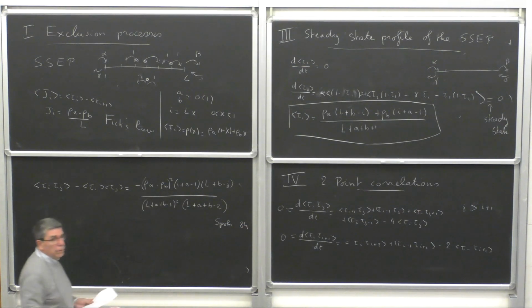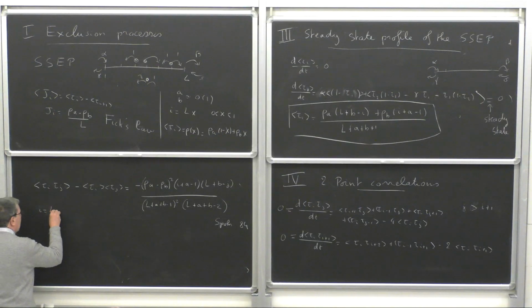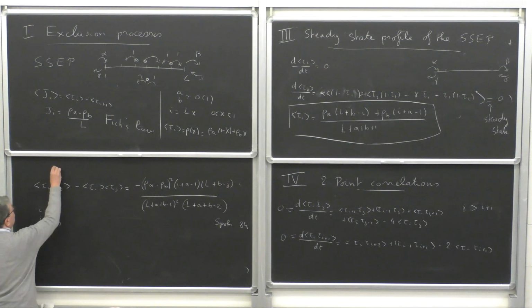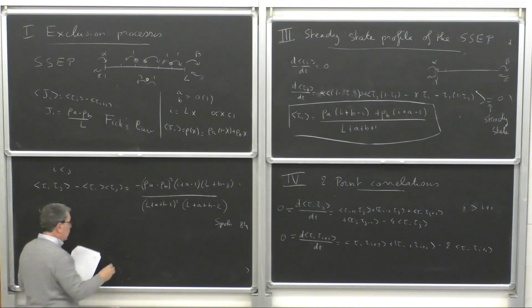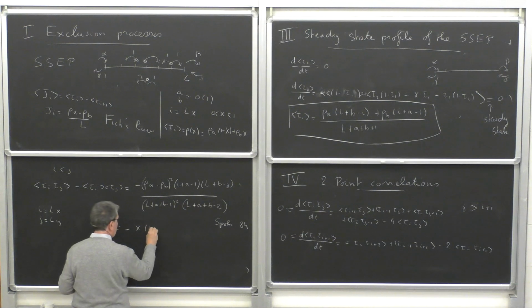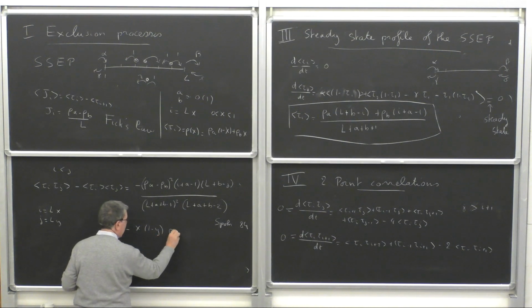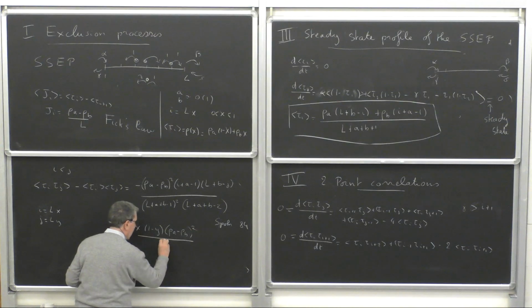But there is something rather interesting in it: if I look at the system on large scale, that is, I say I is equal to Lx and J equals Ly, and this formula is valid for I less than J, then this becomes minus x, 1 minus y, rho A minus rho B squared, divided by L.